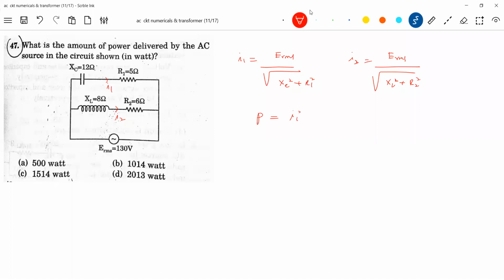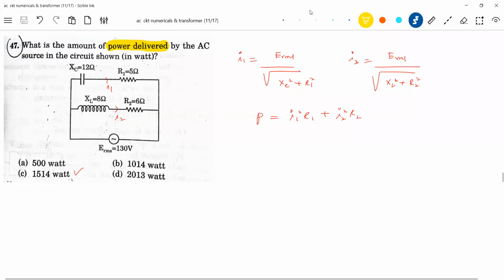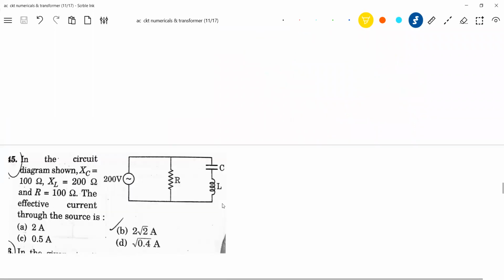This should be equal to I1 square R1, 1514 watt. It will come. Check the answers. Okay, power delivered is nothing but power dissipated. 1514, yeah, it should be. I think it's only the terminology.